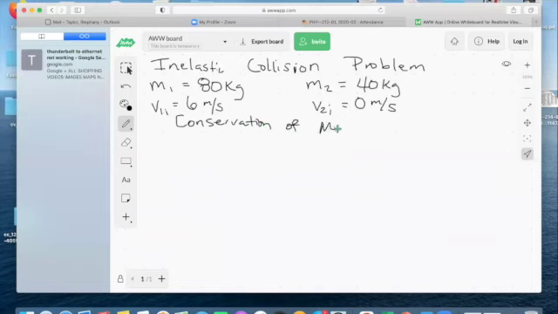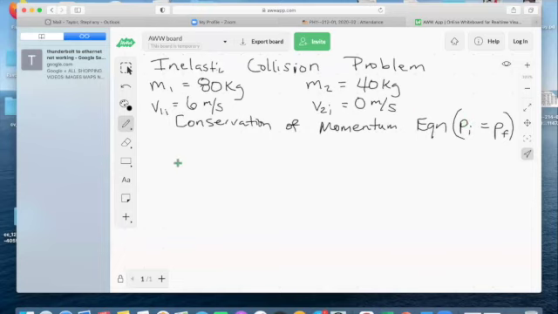Initial is equal to our final momentum. And momentum itself is mass times the velocity.